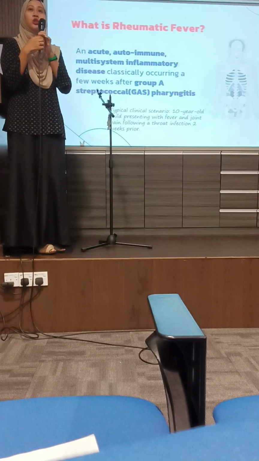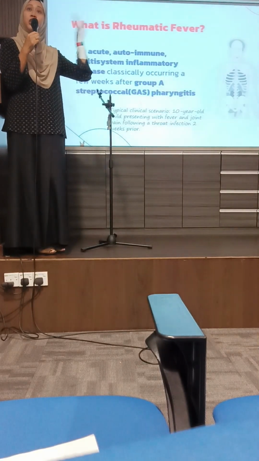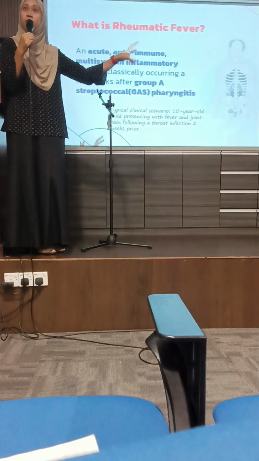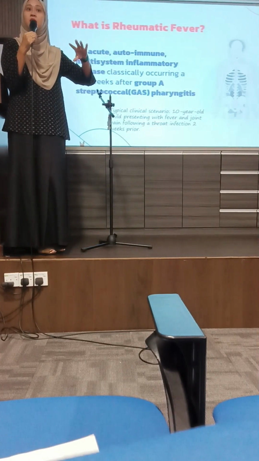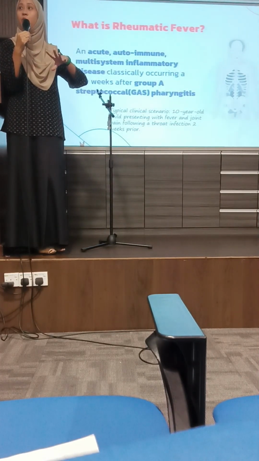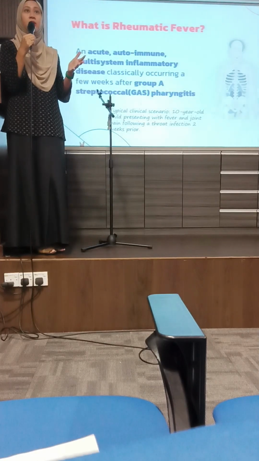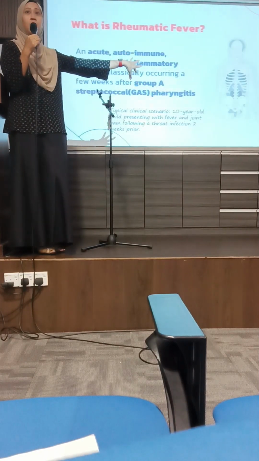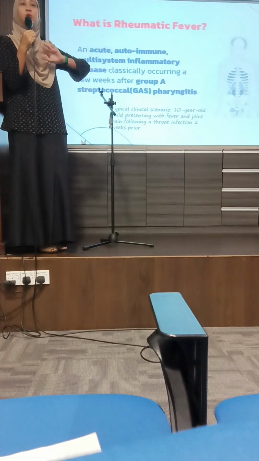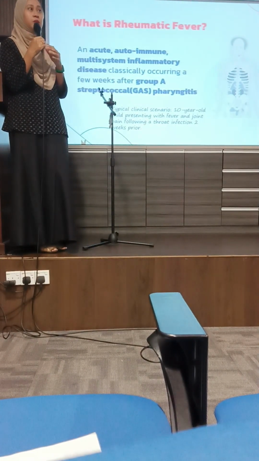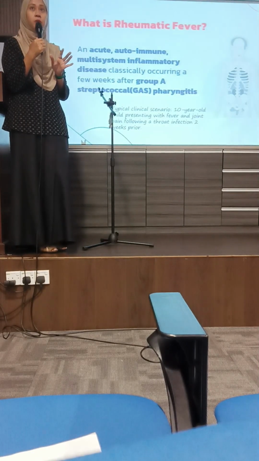So the initial infection is a throat infection. 2-3 weeks later she will present back with joint pain and fever. The throat infection has already resolved, no problem anymore, but she comes back to you 2-3 weeks later with joint pain and fever. Okay, so that's the typical scenario.